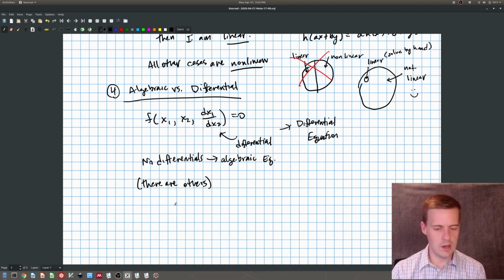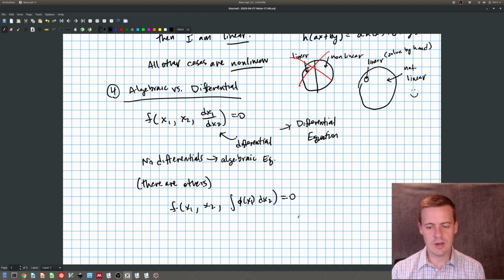You can have f of x1, x2, and then an integral of some function, another one, of x1, dx2. You could have something like this, and this would be an integral equation. They even have things like integral differential equations.